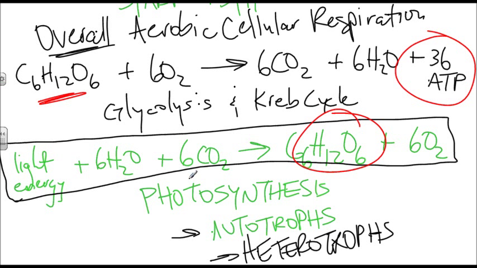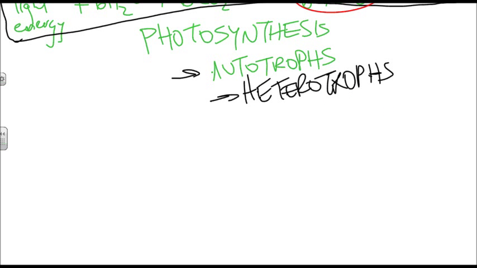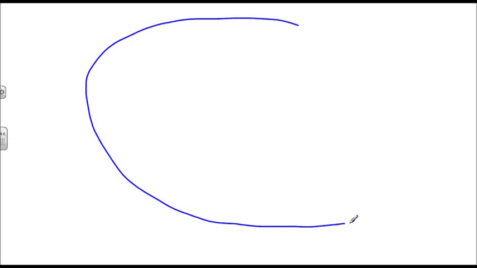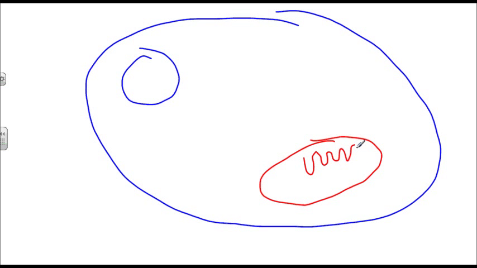Now, what I want to do is show you a simplified diagram of glycolysis. Here we're going to have our cell, and we're going to have our nucleus of the cell, and we are going to draw our mitochondria here.